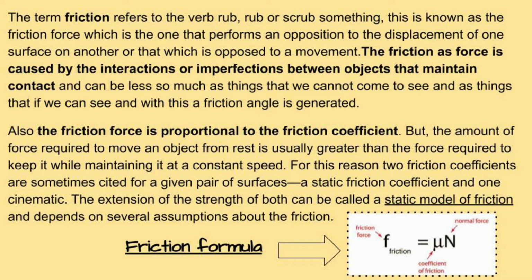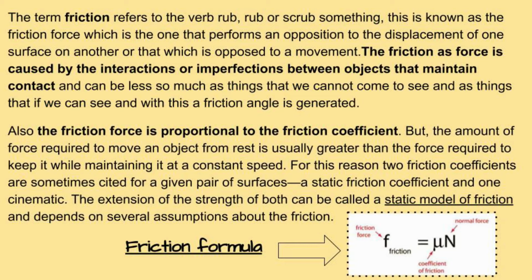Also, the friction force is proportional to the friction coefficient, but the amount of force required to move an object from rest is usually greater than the force required to keep it moving at a constant speed. For this reason, two friction coefficients are sometimes cited for a given pair of surfaces, a static friction coefficient and a kinetic one.